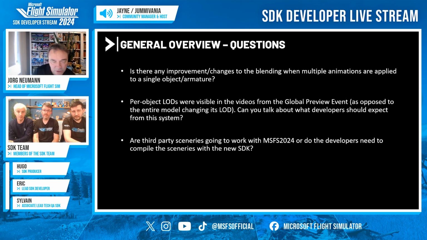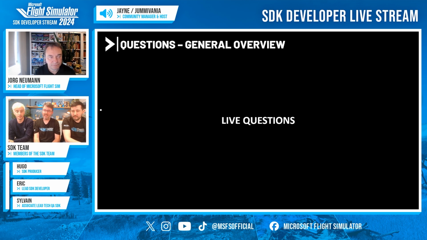I think I saw a good question earlier live, which was, will the LODs from the 2020 packages work in 2024? Yes, that's precisely why I said in the backwards compatibility slide that Flight Sim 2024 will detect that you're running a 2020 package. So this object will have the same 2020 LOD limits applied to itself. We are not going to apply the 2024 limits to the 2020 aircraft or objects, because obviously that would break backwards compatibility.